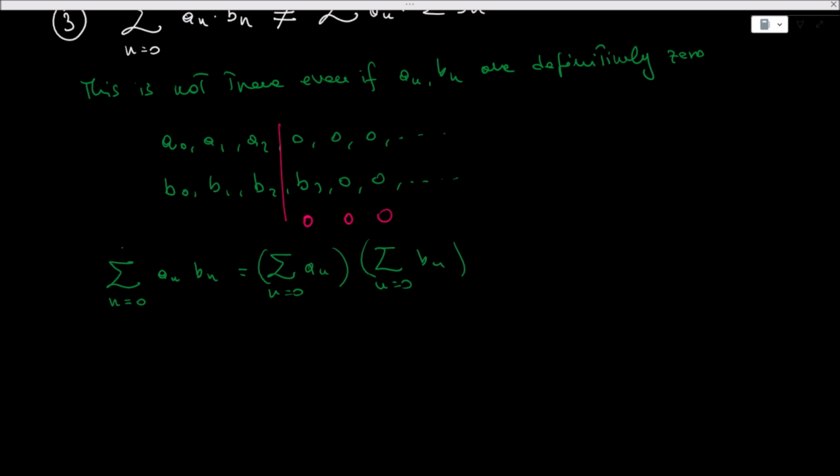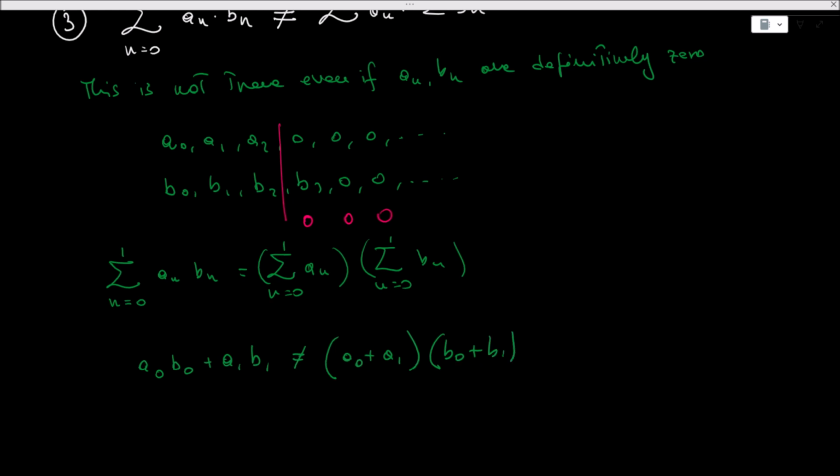Let me stop at 1 here. So what do we have? Well, we have a0 b0 plus a1 b1, right? But this is not like having a0 plus a1 times b0 plus b1.